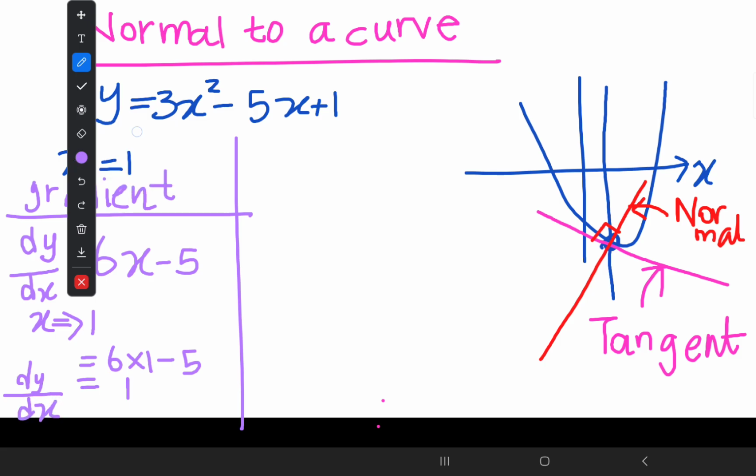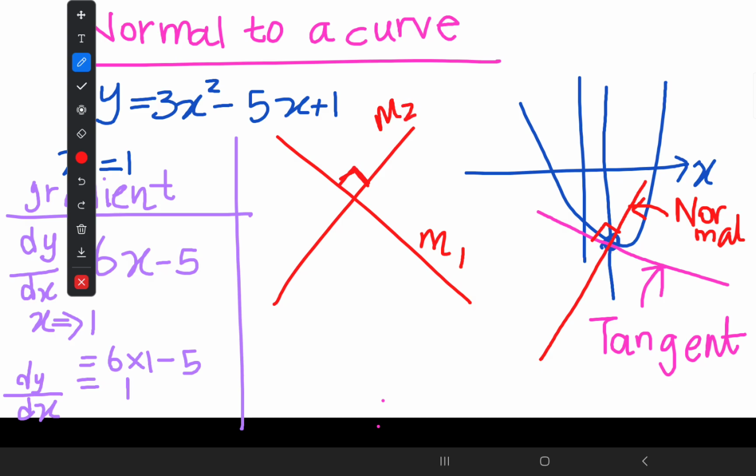And another new thing for you: when we draw a straight line, I consider the gradient for this line as m1, and the gradient for the new line, the line which is perpendicular to the pre-existing line, as m2. If these two are connected in a perpendicular relationship, the multiplication of these two gradients will give you -1. We studied this part in straight linear graphs, how to find the equation for perpendicular graphs.